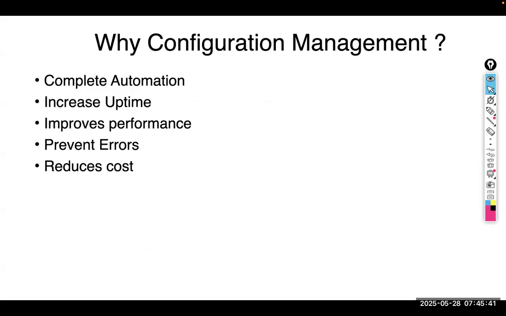We can complete automation. The advantages: we can increase uptime. Uptime means reducing downtime and improving performance of the system. You can also prevent errors and reduce cost. These advantages we get using a configuration management tool. Not only Ansible, we have other tools also like Chef and Puppet.